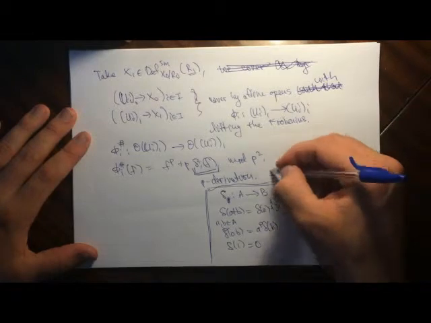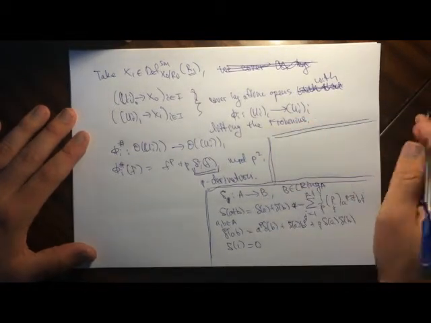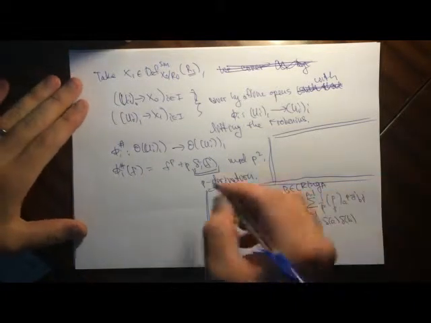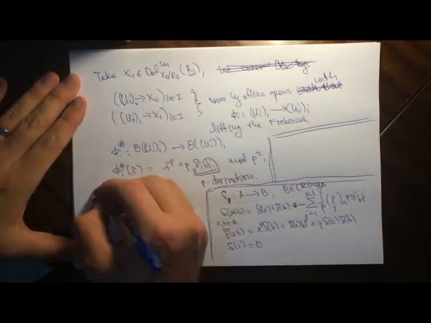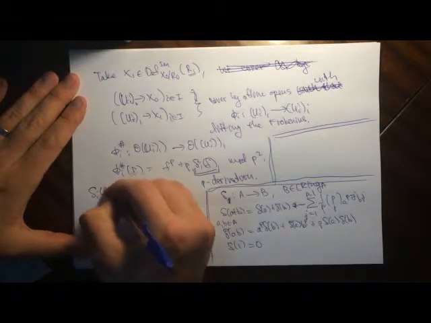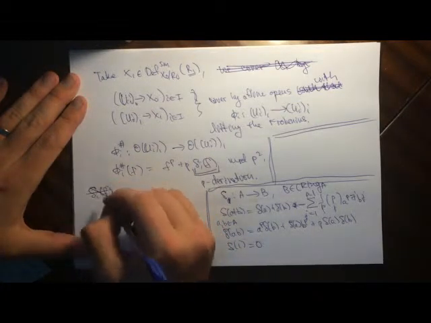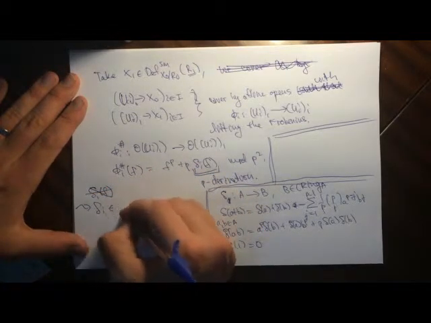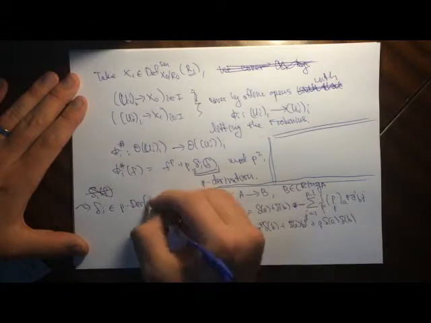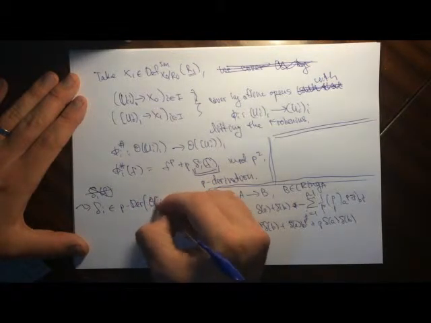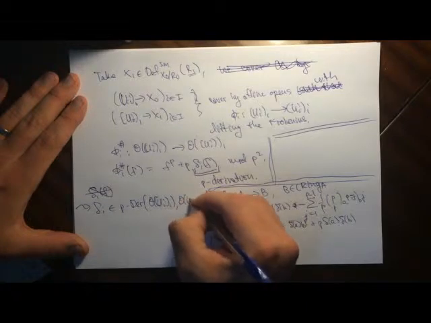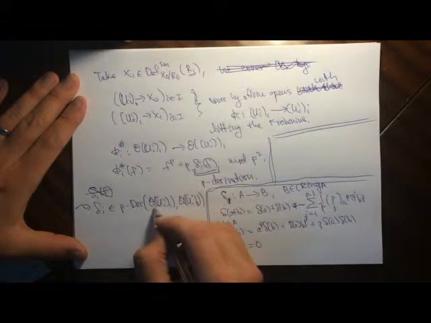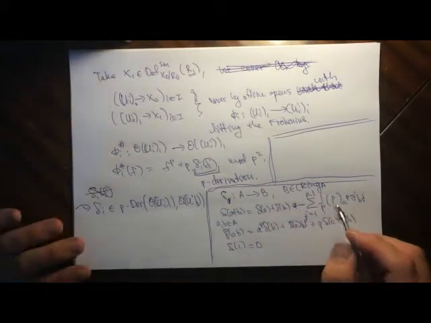So if you have a lift of the Frobenius, there's going to be a correspondence between them and p-derivations. So here, this gives a delta_i, which is a p-derivation from O of U_i^1 to O of U_i^0. So this goes from something mod p squared to mod p.